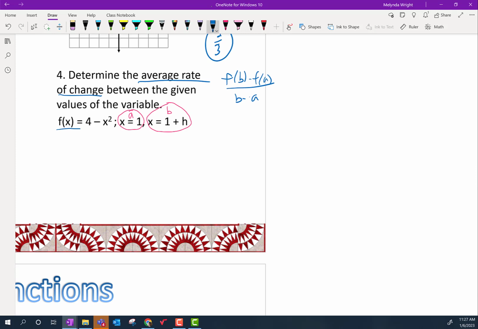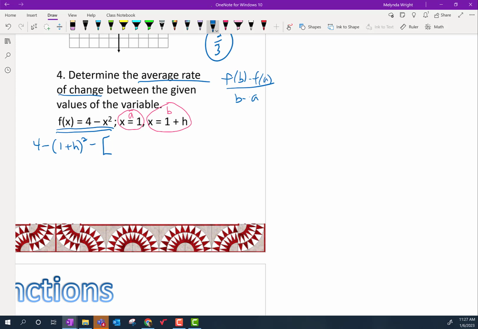So this is my function. So I have 4 minus, now I'm going to open up that hole and I'm going to put in B, which is 1 plus H squared. This should be kind of familiar to you. This should seem like kind of what we did yesterday with our difference quotient.